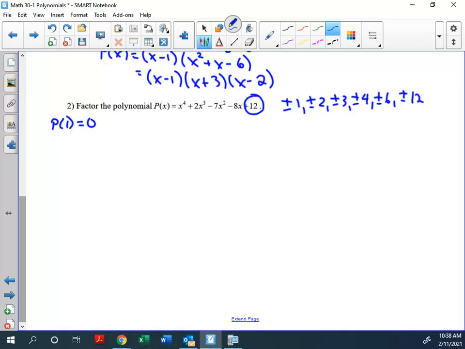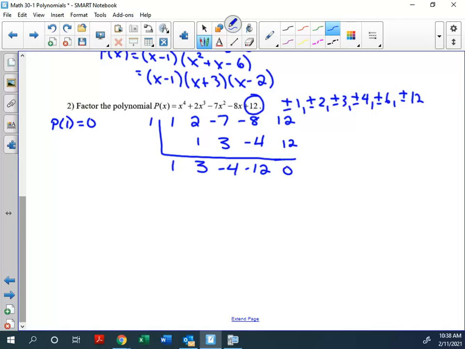Now, I'm not going to go and find a second one right away. I'm going to divide it out and then start the process again. So I'm going to say, because I know this is 1, let's get my polynomial down to being cubic. Drop, multiply, add, and multiply, add, multiply, add.